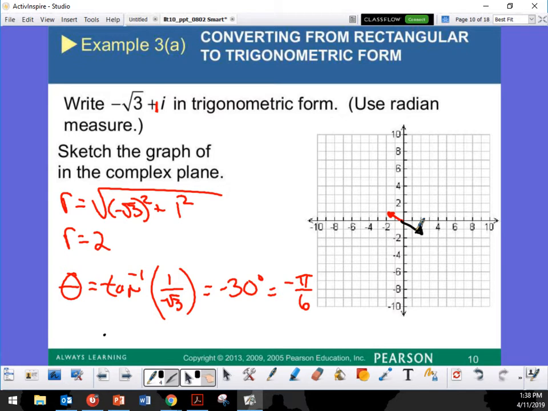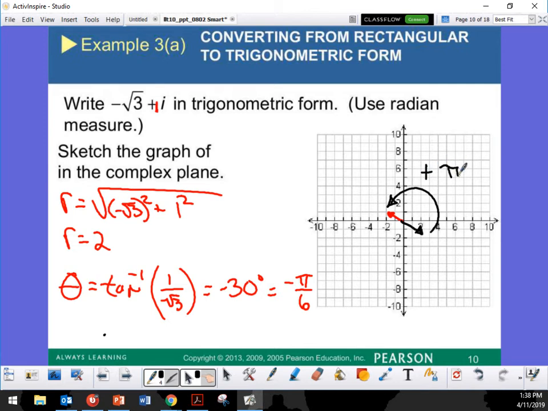Add pi, because I'm down here. I want it to be over there, so I need to add pi. It's going in the opposite direction, the complete other side. So I will add pi.